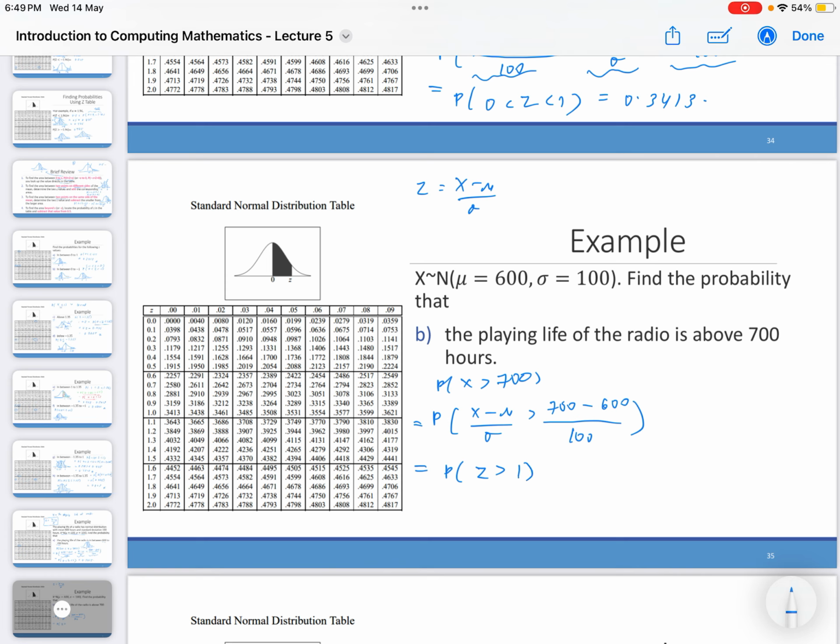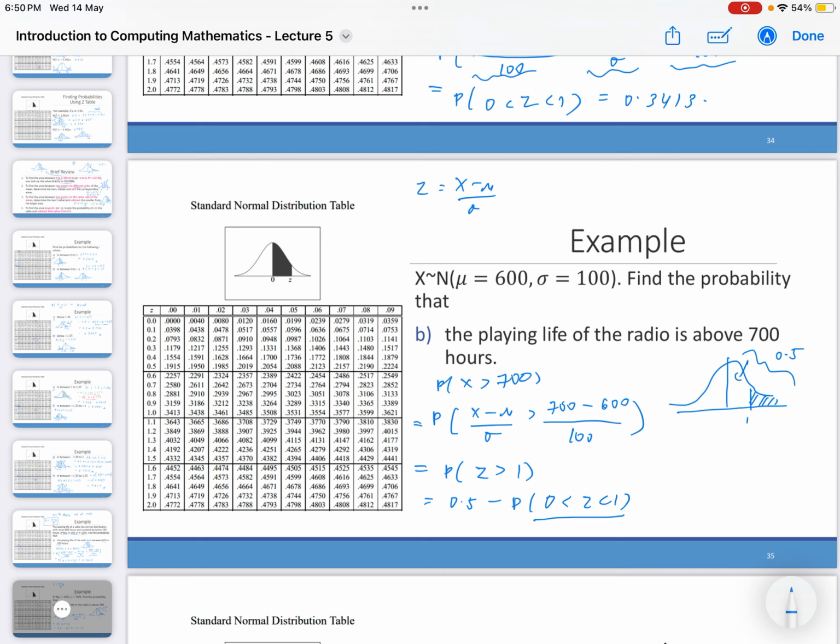And then we draw this one, and we have 1. We want to find the probability that is greater than 1. So this equals 0.5, the whole probability here, minus this probability. So 0.5 minus the probability of Z from 0 to 1.